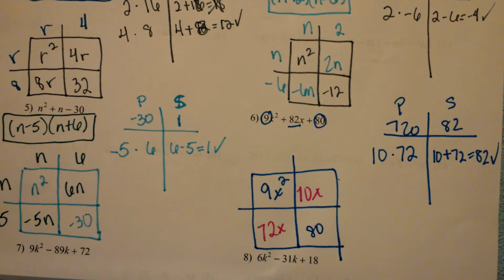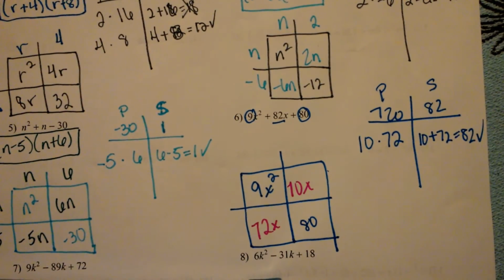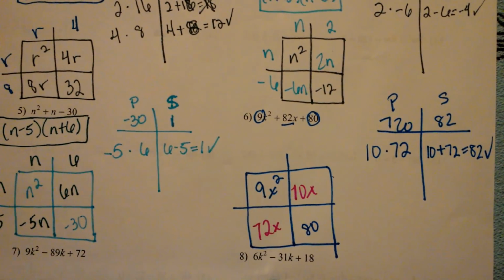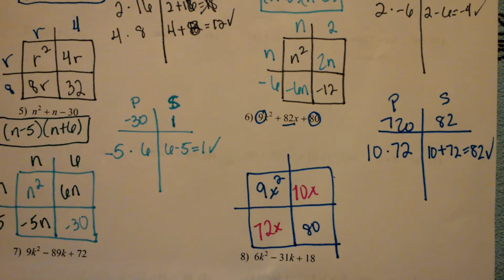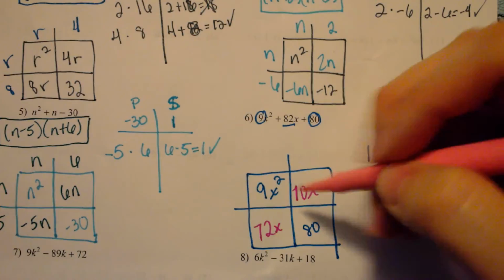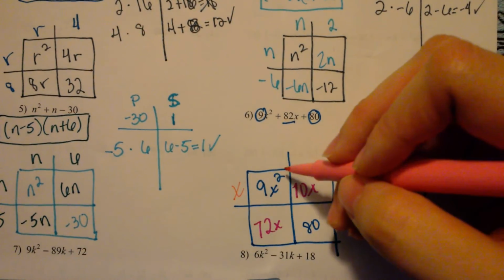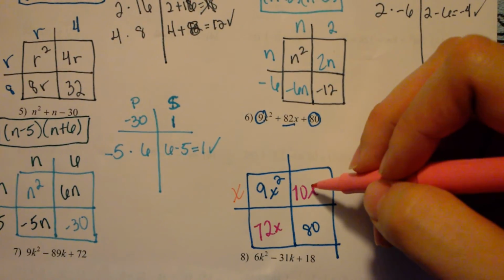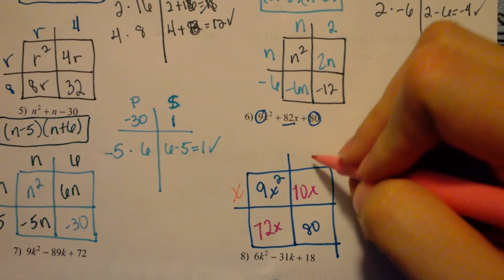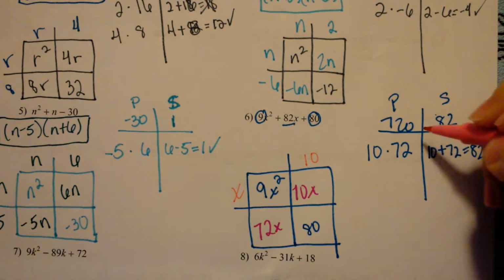So now I need to be careful about what I'm pulling out of the two numbers. So between 9 and 10, there's only one. X squared and x, I'm pulling an x out. So 10 and 80 have a 10 in common. So I know I set this up right.